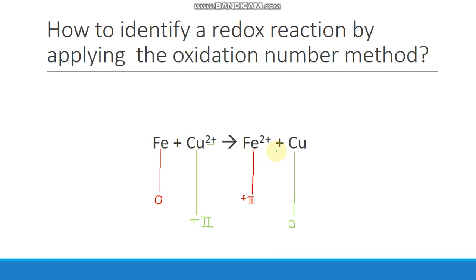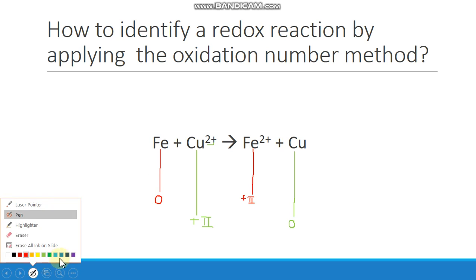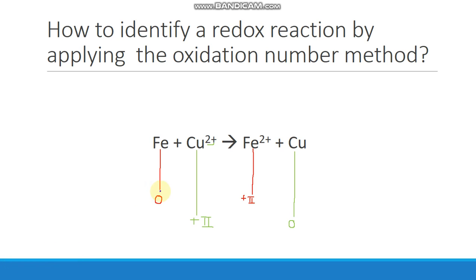Okay, let's start with Fe. I'm going to return to the red color. Let me change the red, purple, let's say. Okay, we have Fe to Fe2+. Fe was 0 in the reactants, now it's +2.